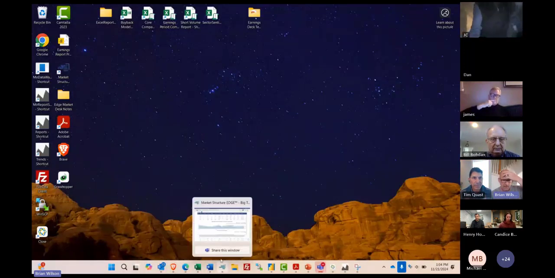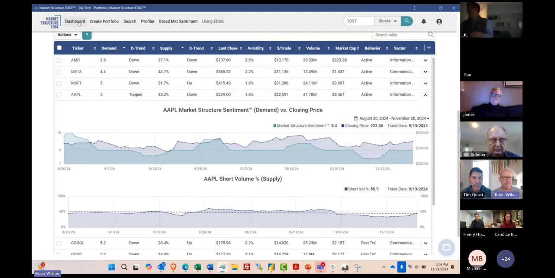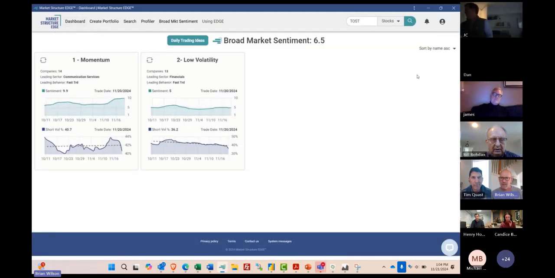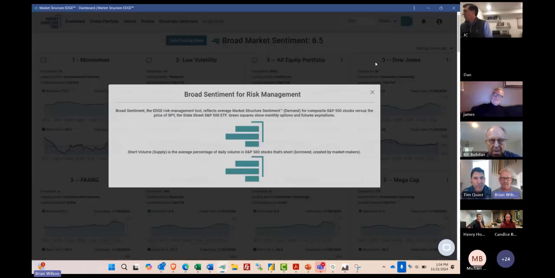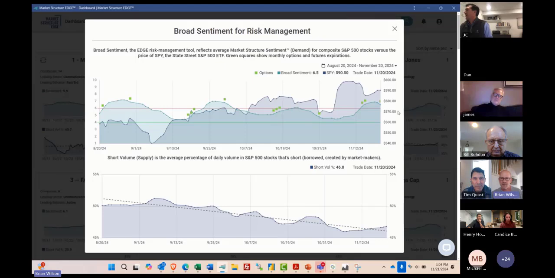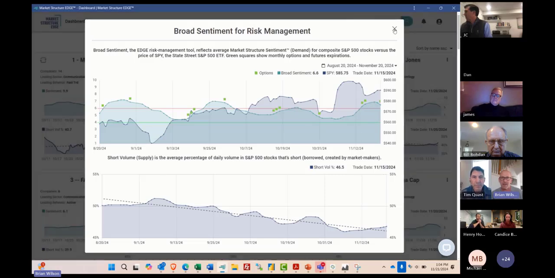When you look at what's happening with broad market sentiment, and then you look at what's happening with some of the individual portfolios. Here's what I mean. Broad market sentiment is 6.5, so that's still fairly strong. As we mentioned, that's starting to move lower, but 6.5 is a very good number.